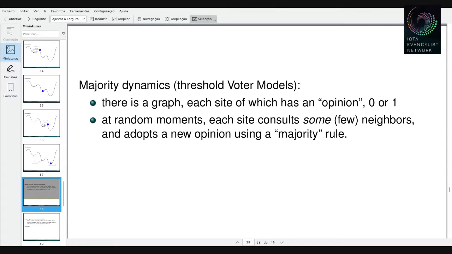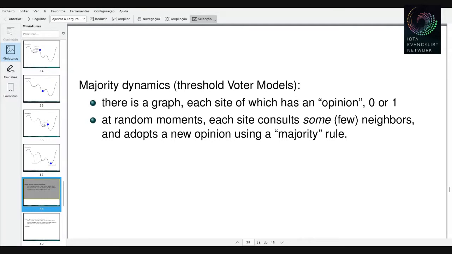At random moments, each site consults, or queries, as we call it, a few of its neighbors, and adopts a new opinion using some majority rule. Like if most of those whom I asked have opinion 0, I will also adopt opinion 0.